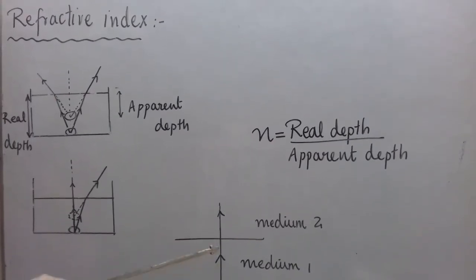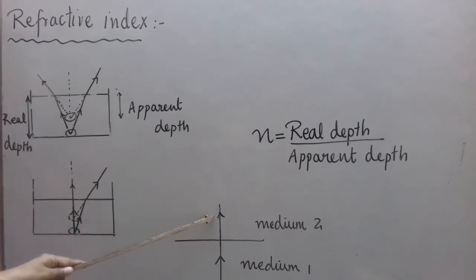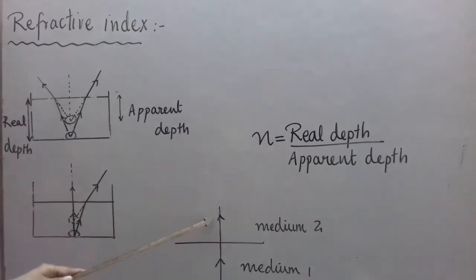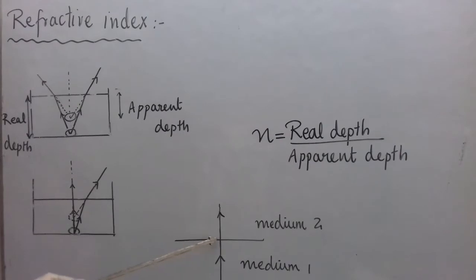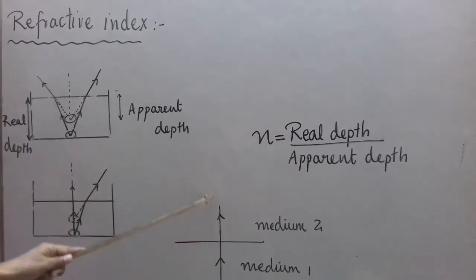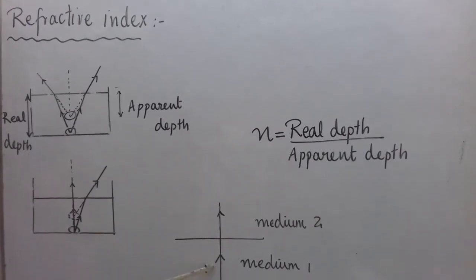When the ray is incident normally and enters into the second medium, which should be transparent, there is no bending. The incident ray and the refracted ray travel along the same path without any bending. This is only when the ray is incident normally.